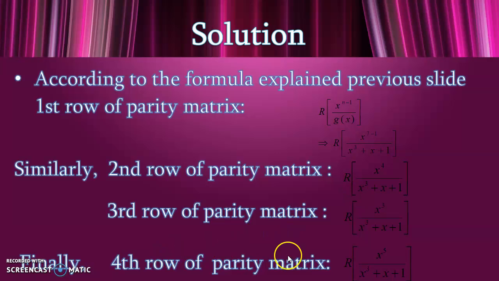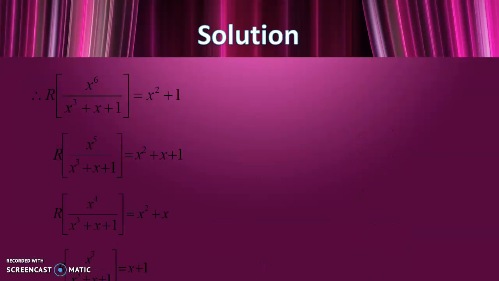Similarly, for the kth row, we calculate the remainder of x cube divided by x cube plus x plus 1. Solving this, we get these 4 polynomials for the 4 rows of the parity matrix.